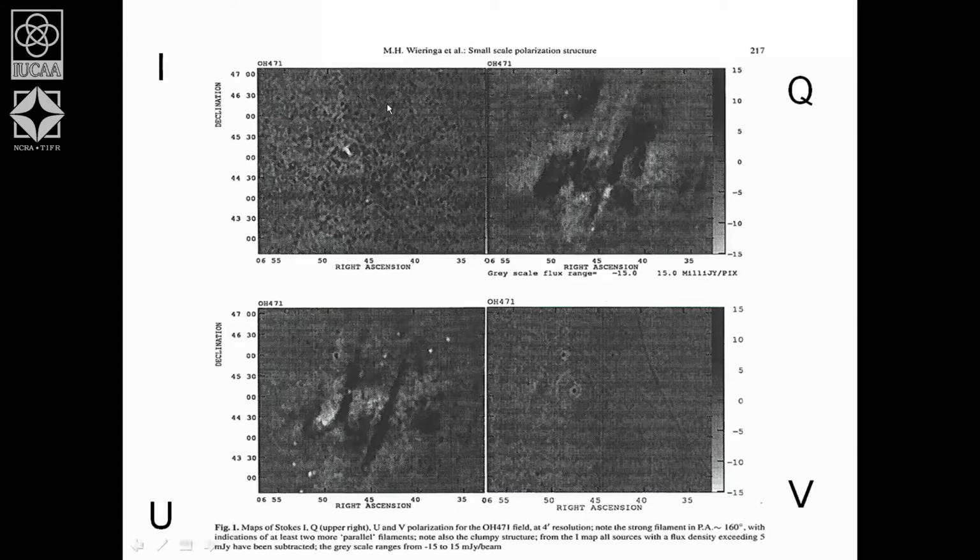And that image showed not great structure, but one saw some striking structure in the images of the Stokes parameters Q and U. And you can see that here. There is some structure here. No sign of it is visible in the total intensity. That looks nice and boringly uniform, whereas there is enormous structure here.